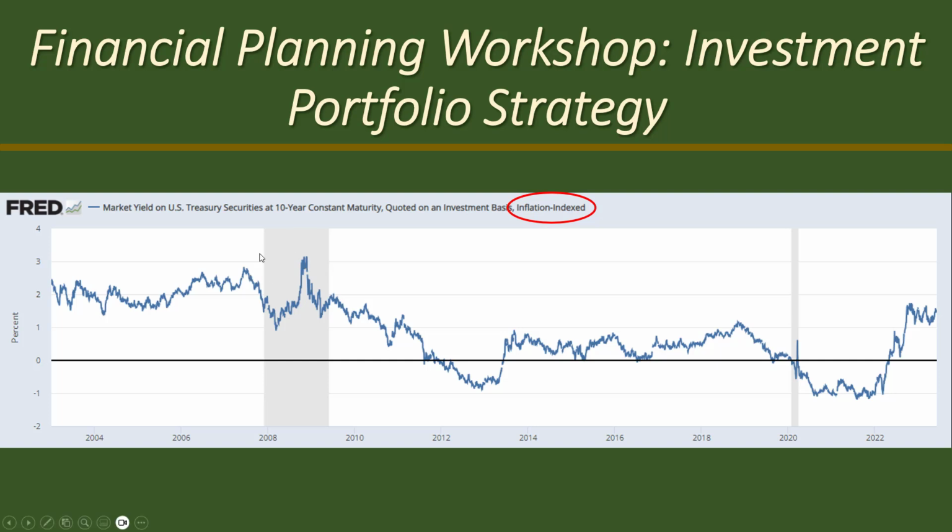So if I see TIPS get above 2.5% again, 2.5% treasuries, so low-risk bond, plus inflation, that sounds like a really good deal to me. So I like to watch these interest rates.